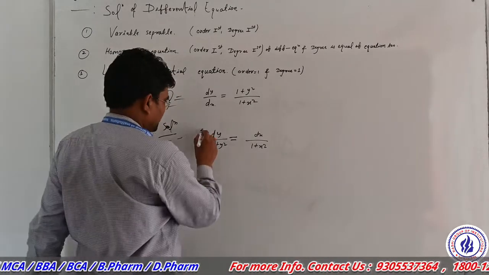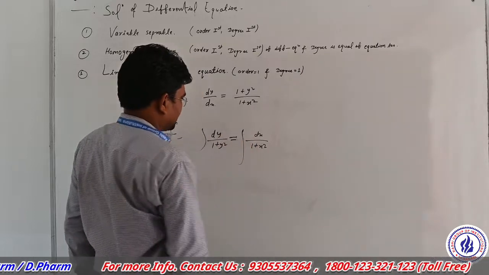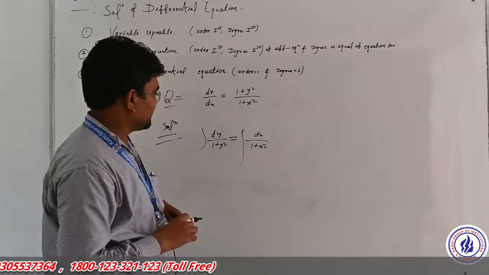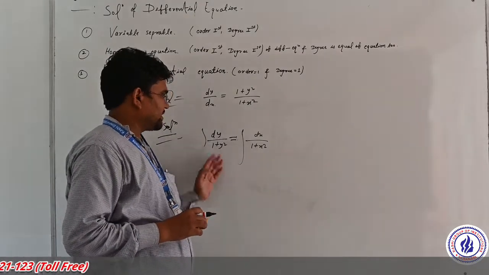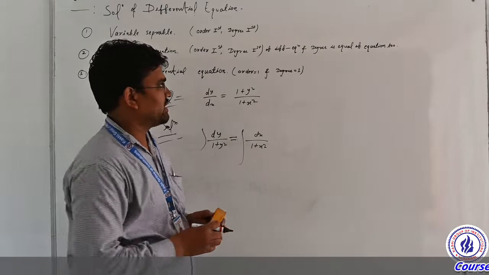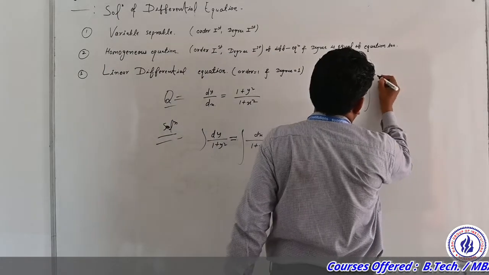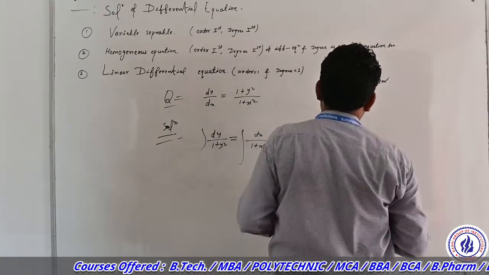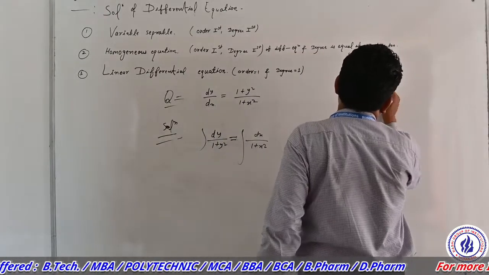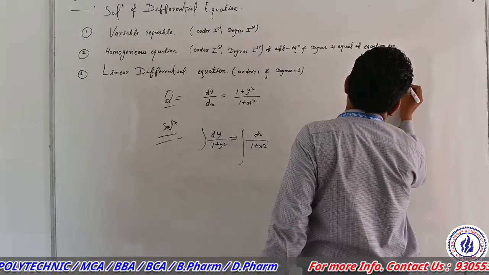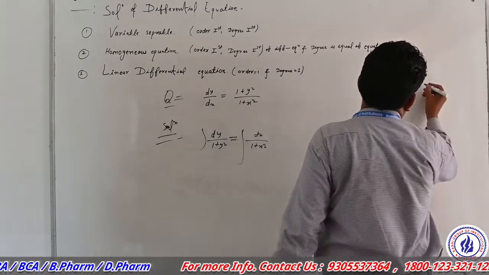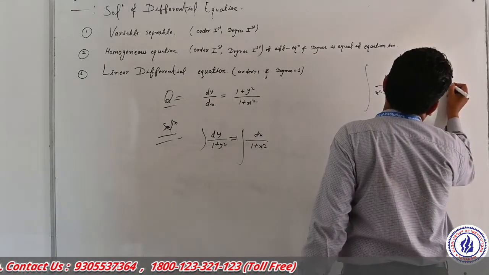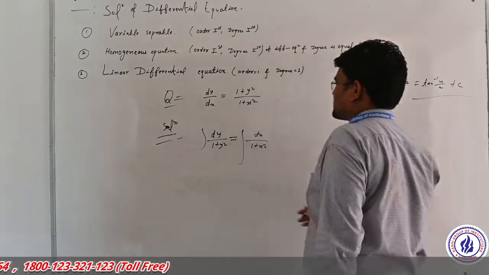If all of you remember, this is a type of identity in integral calculus, the identity of tan inverse. If you have the integral of 1 by (x square plus a square) dx, you may write this as tan inverse of x upon a, plus c. This is the type of tan inverse.